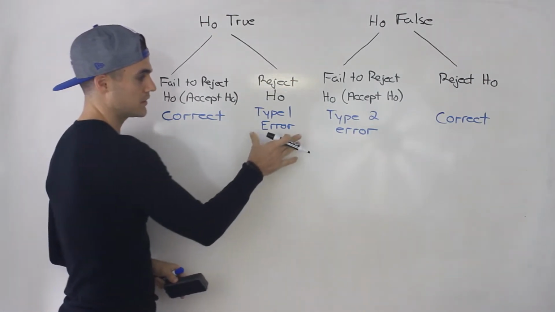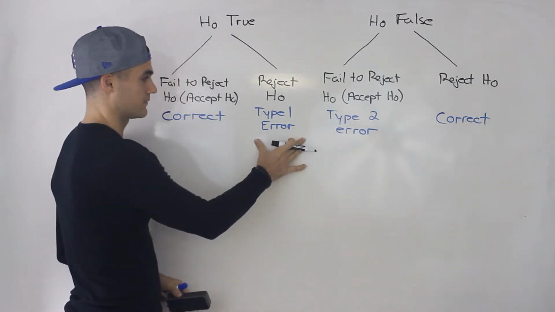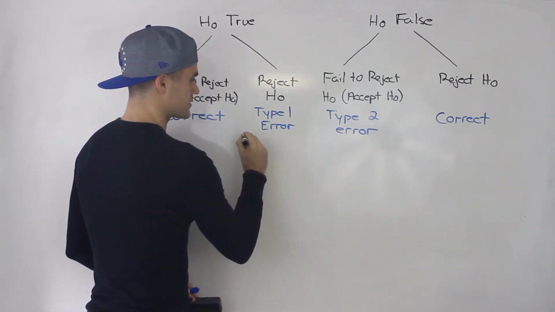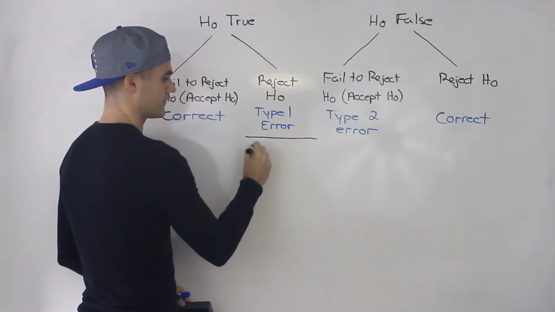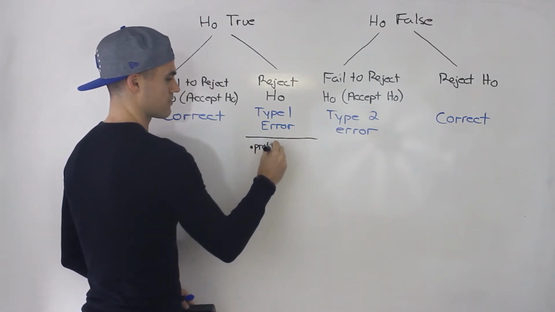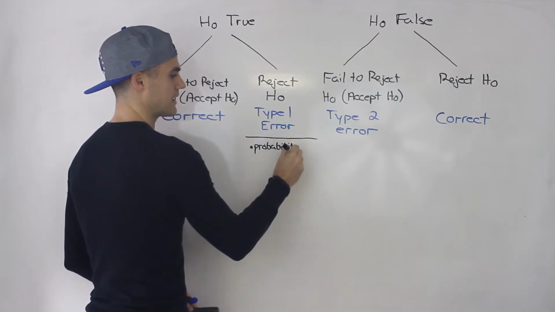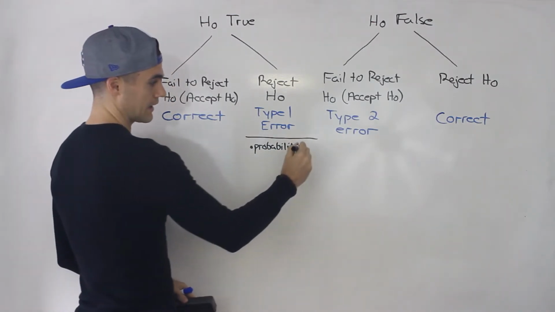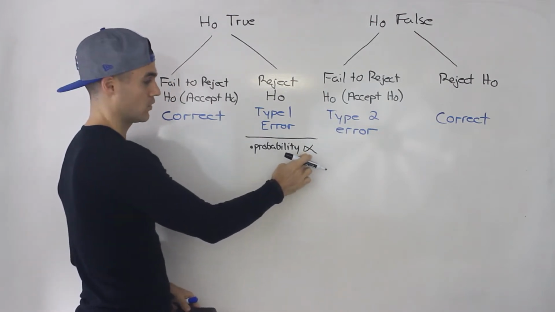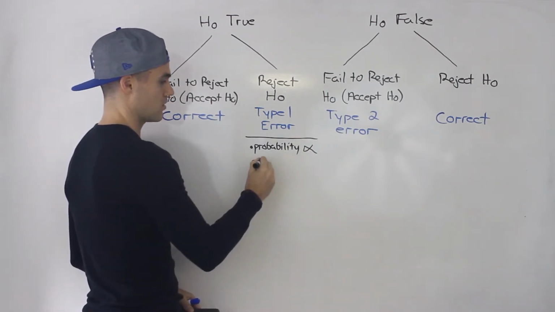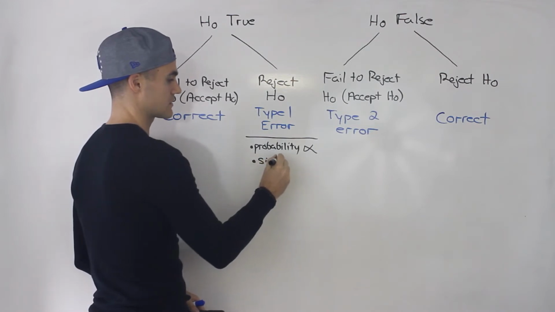And so what I want to do is start off with this type 1 error here. So the probability of making a type 1 error, it's represented by this symbol alpha over here. It's called the significance.